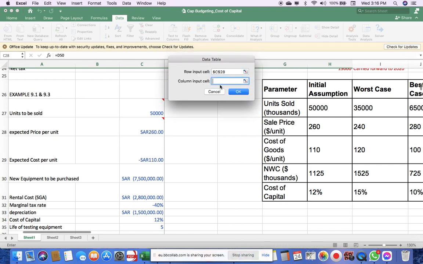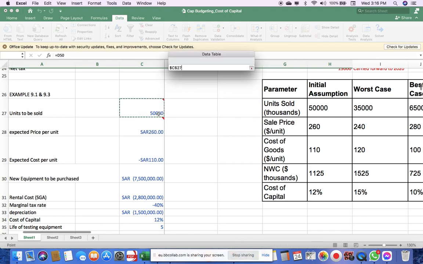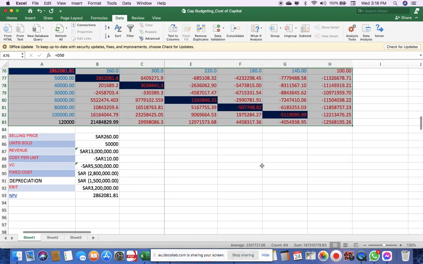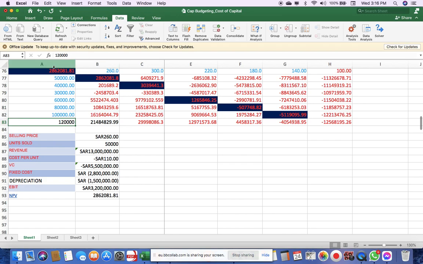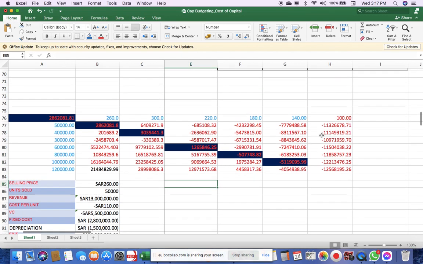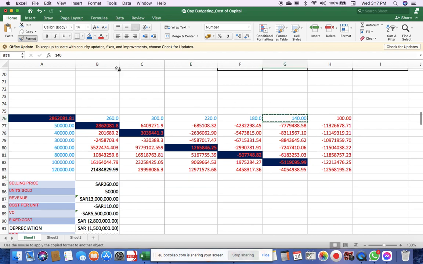And in the column, the number of units to be sold. Okay. See, all this data came now. The same we will format and put it here. Okay. And the same formatting we'll put here.